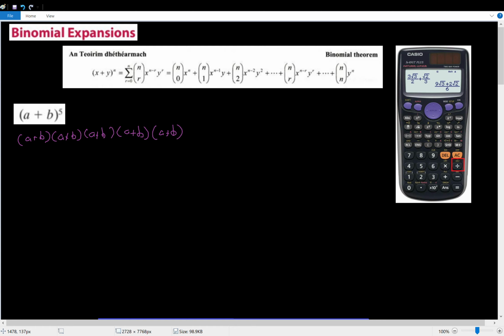So let's take a look at this example here where we have (a + b) to the 5, and we'll actually write out the expansion and have a look at how this will work on a calculator.